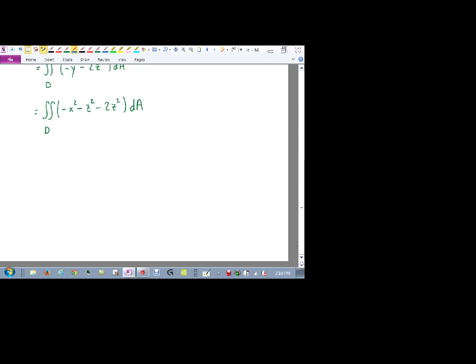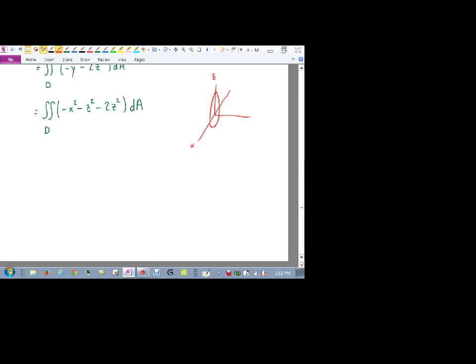All right, so tell me about this. If we convert to polar, we're trying to project that circle onto the xz plane like that, right? That's on the xz plane.